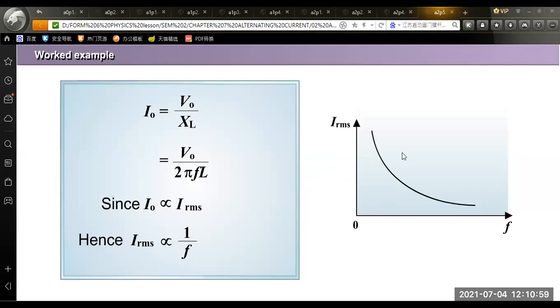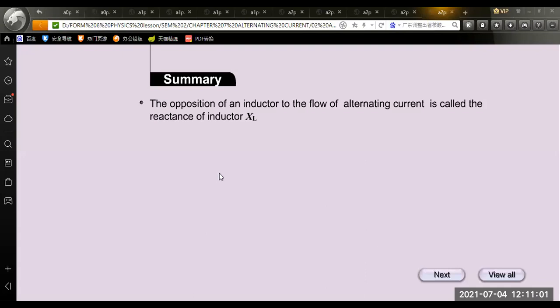As a conclusion, the opposition of an inductor to the flow of alternating current is called the reactance of the inductor, the concept of resistance. In other words, it is the resistance for the inductor.